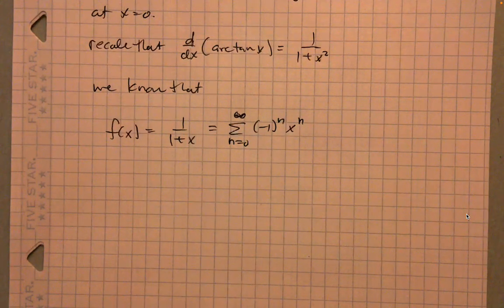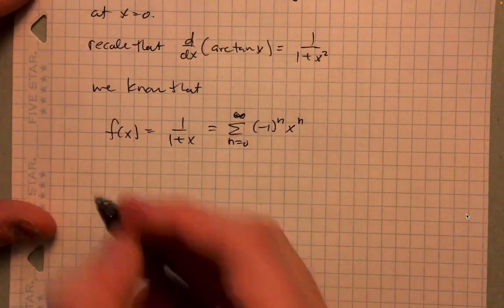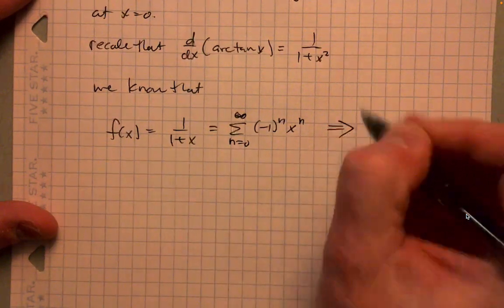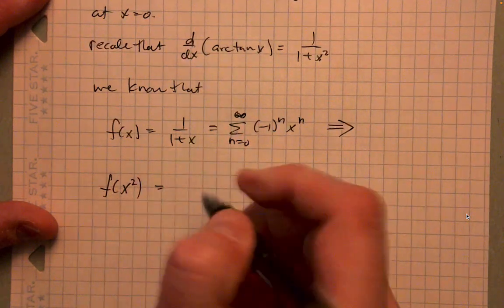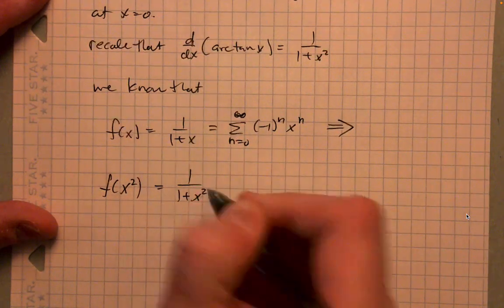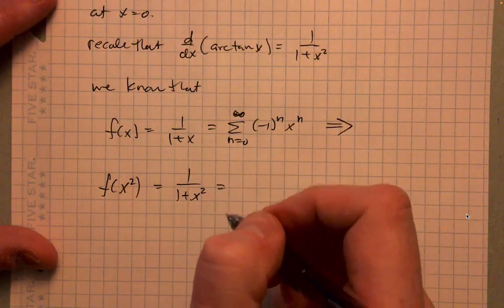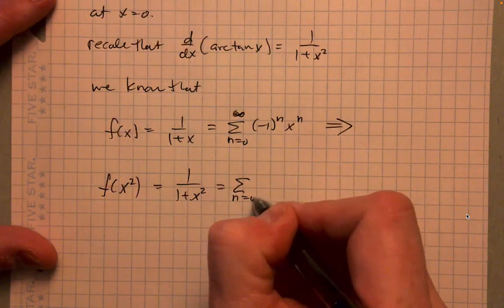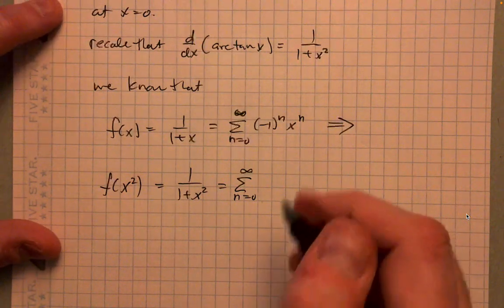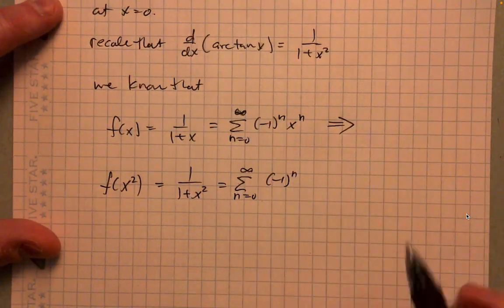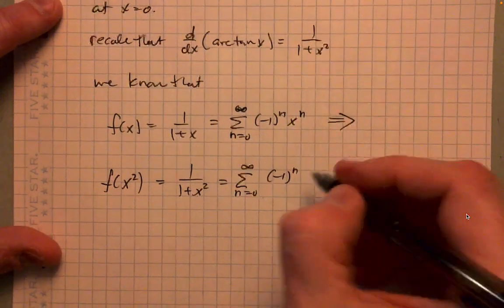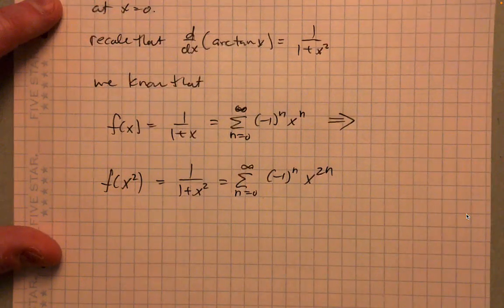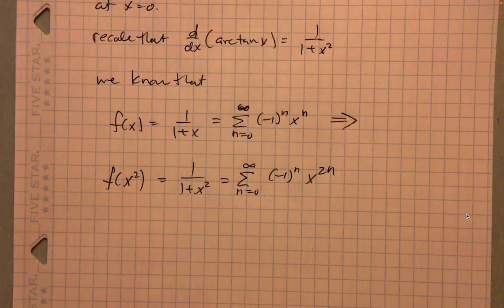And so instead of x, let's sub in x squared, because that's what we have up here. So this is going to imply that f of x squared would be equal to 1 over 1 plus x squared, of course, which would be equal to the sum from n equals 0 up to infinity of negative 1 to the nth power, and then this is going to be x to the nth power squared. So this would be x to the 2n. Got to be careful there.